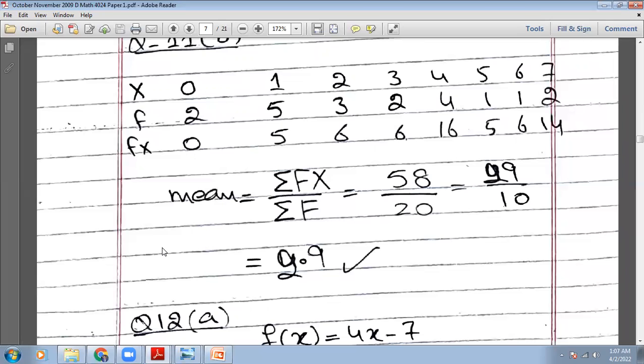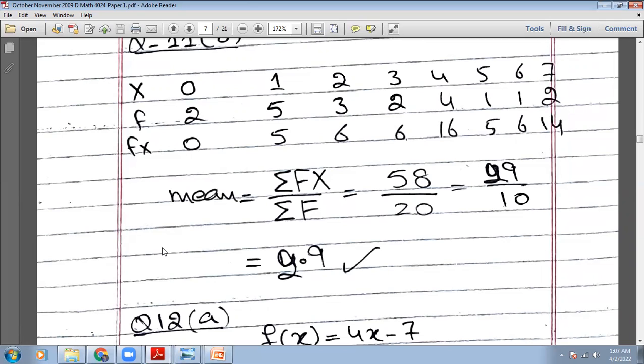So 0 multiply 2 will be 0, 1 multiply 5 will be 5, 2 multiply 3 will be 6, 3 multiply 2 will be 6, 4 multiply 4 will be 16, 5 multiply 1 will be 5, 6 multiply 1 will be 6, 7 multiply 2 will be 14.